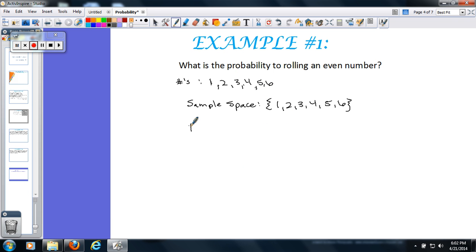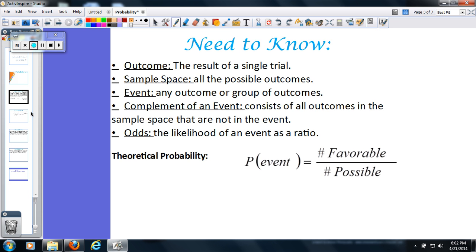So in this case, we're looking for the probability that you get an even number. Okay? So my event then is even number. The complement to the event, then, if all the even numbers are in the event, then the complement would be odd numbers. Okay, so that's the complement of the event.